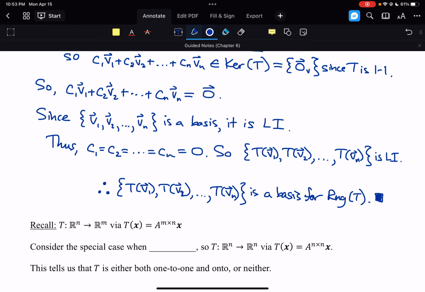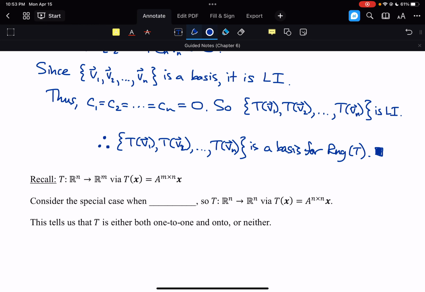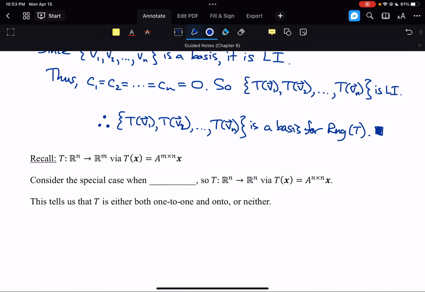So next up, we're revisiting the matrix transformation. So the matrix transformation, recall, goes from Rn to Rm via this matrix multiplication, A times X. Consider the special case when the two vector spaces are the same size.